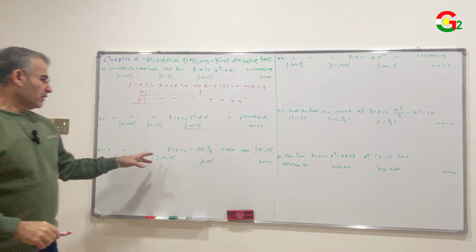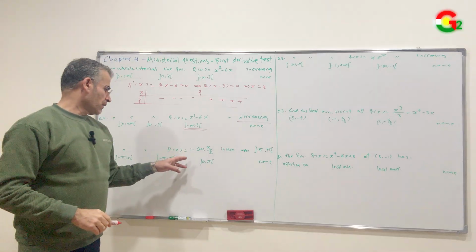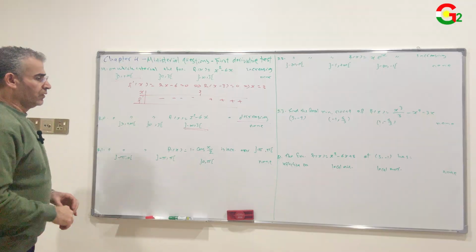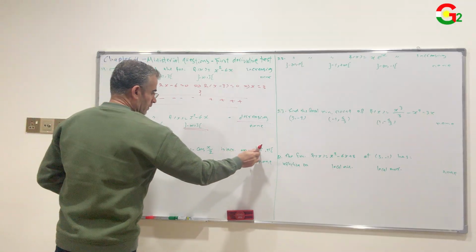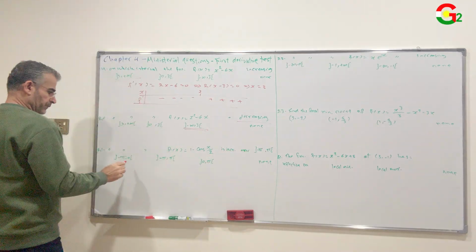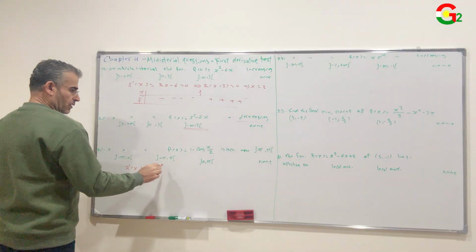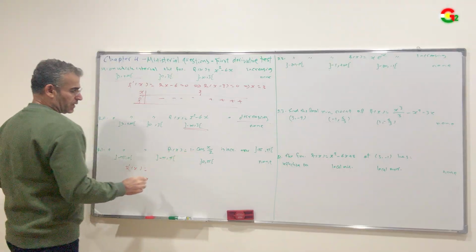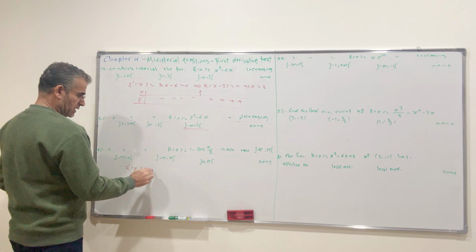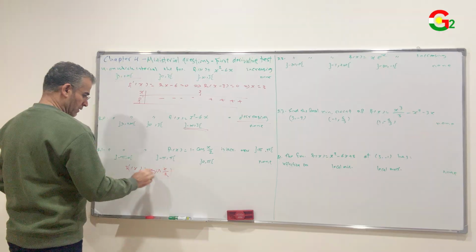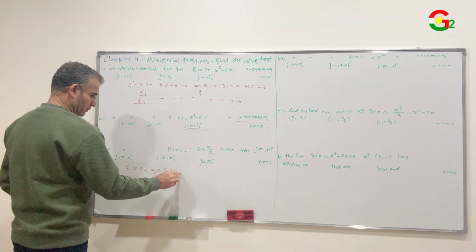On which interval is the function f of x equal 1 minus cosine of x over 2 increasing over negative pi to pi? F prime of x equal to negative cosine x over 2, it is sine x over 2 times 1 over 2.